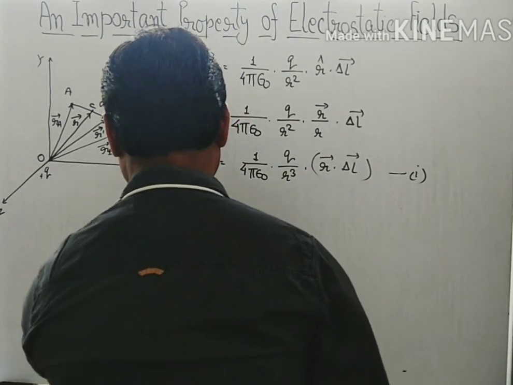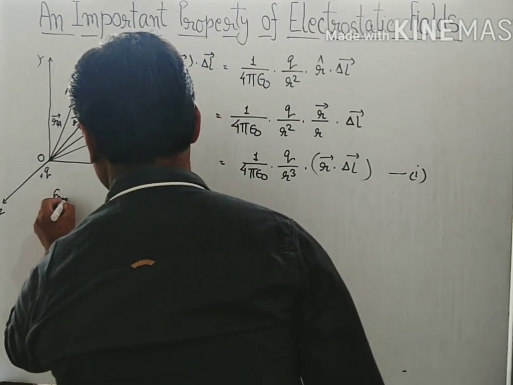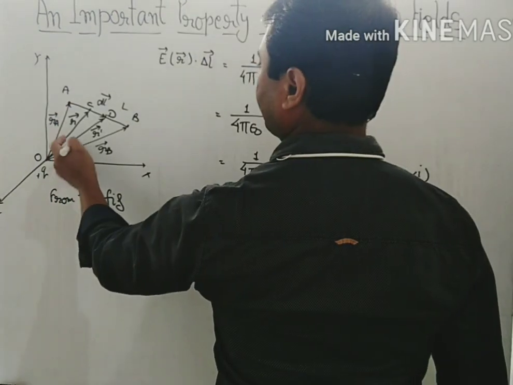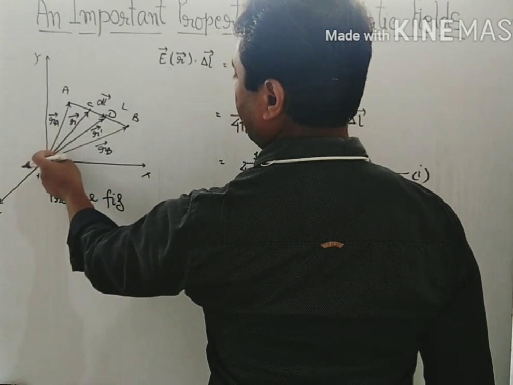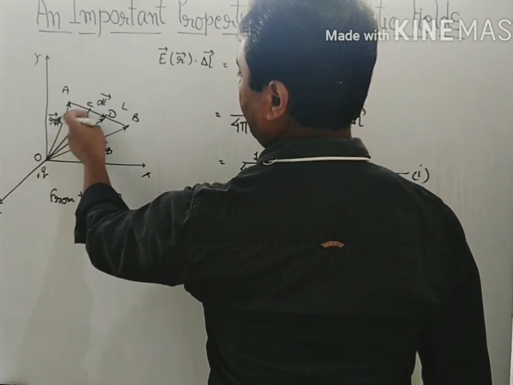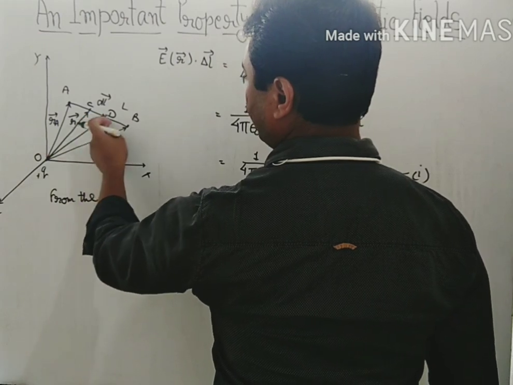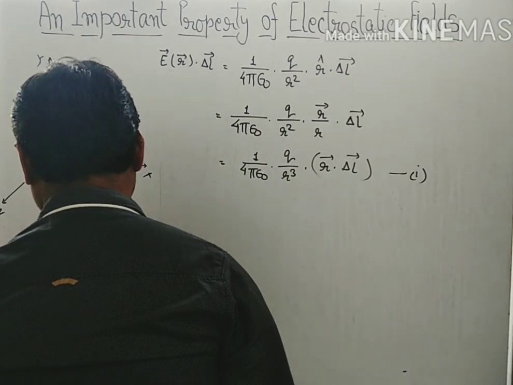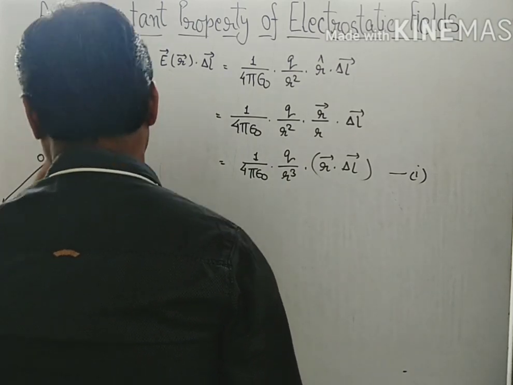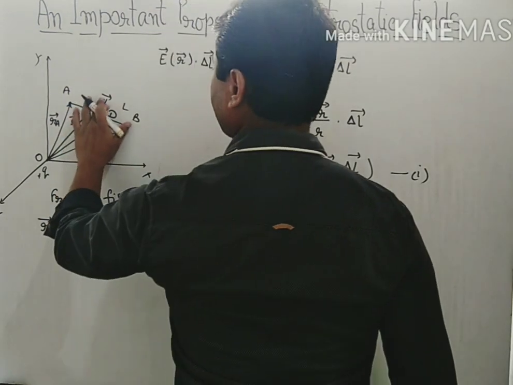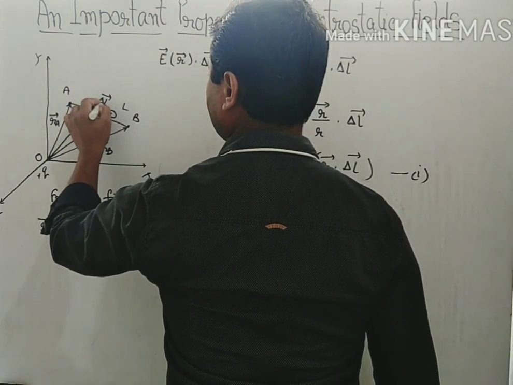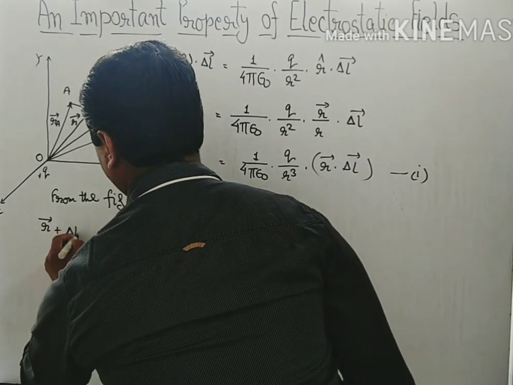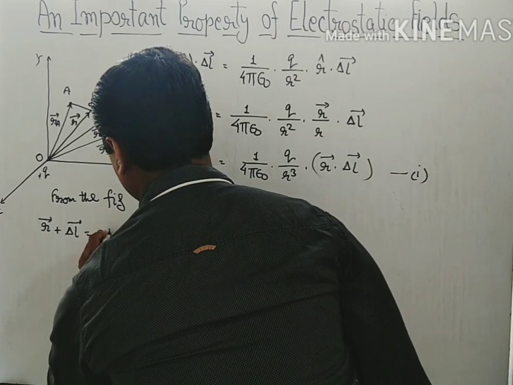So from this diagram, if we use the triangular law, then vector r plus dl has to be equal to this vector r prime. So we now write vector r plus, for the sake of simplicity, delta L vector, which equals vector r prime.